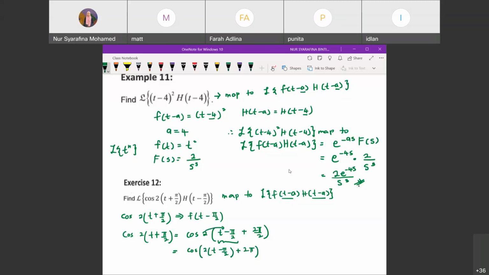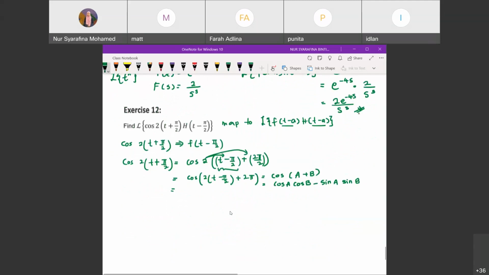So we have here an identity of cos(A plus B), which equals what? cos A cos B minus sin A sin B. So we can deduce this by identity: cos 2(t minus pi over 2) cos 2 pi minus sin 2(t minus pi over 2) sin 2 pi. Okay, clear?